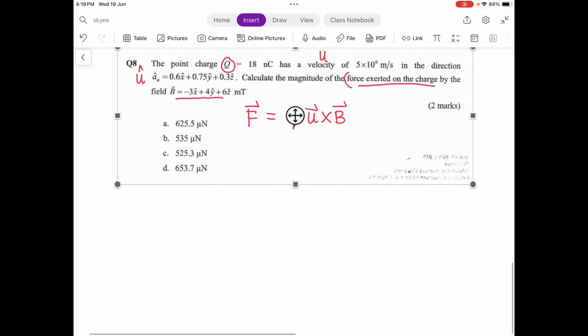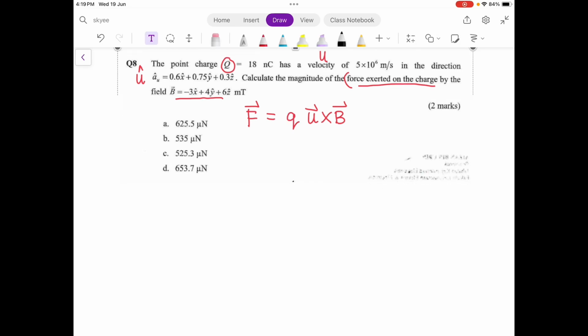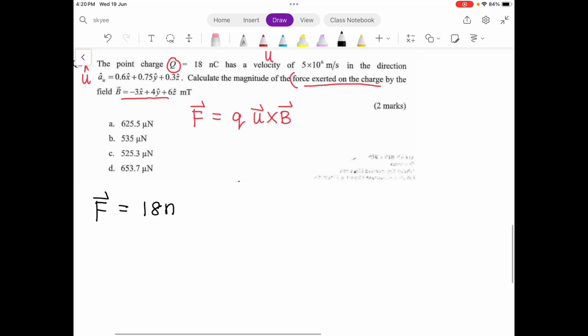So let's put them into the equations. F equals Q, which is 18 nano, times U cross B. You see your U has magnitude and also direction. Maybe I will write it here.